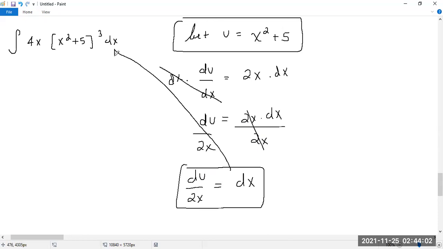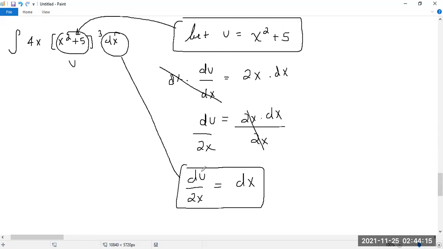So I can actually replace this dx. I'm actually replacing two components. The first component I'm replacing is this guy; I'm making this a u. And then this guy, I'm making this everything that I have here, du over 2x.